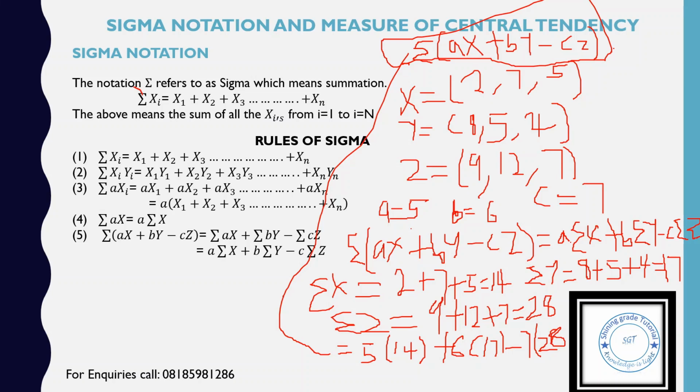So we can then multiply 5 times 14 is 70.